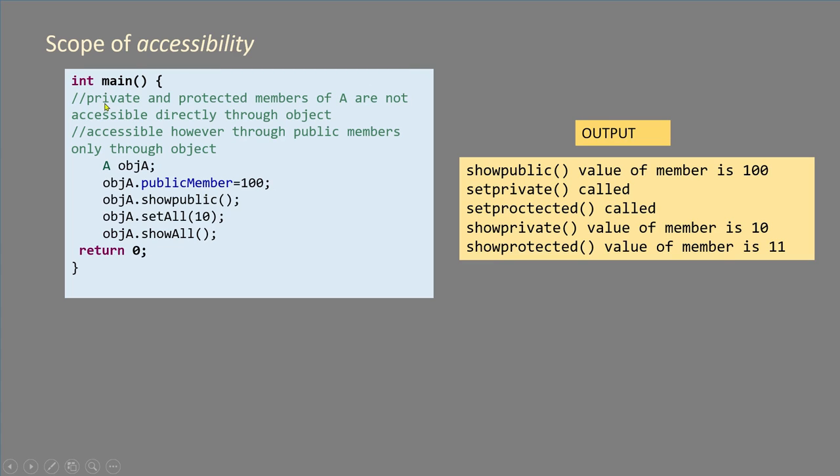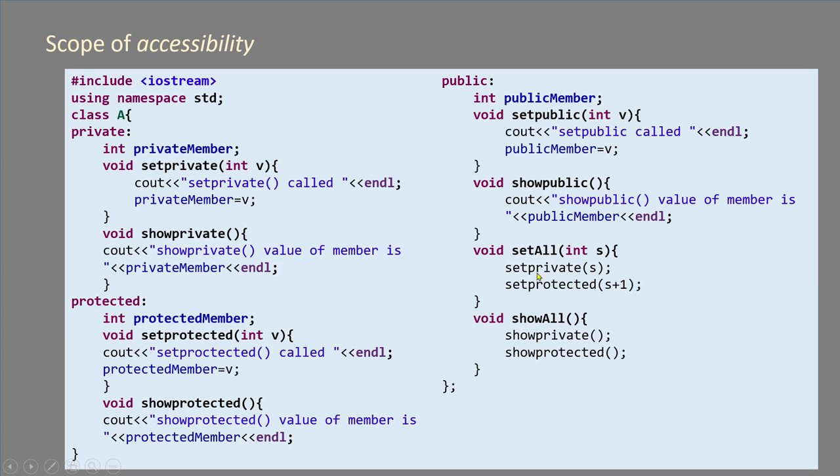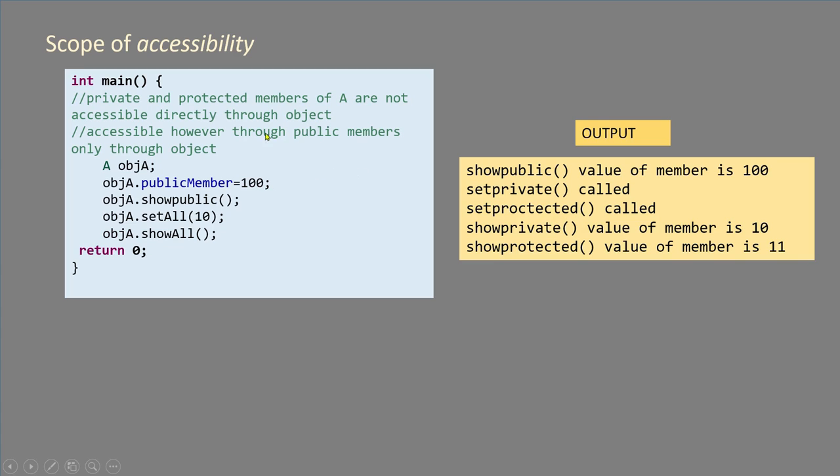The purpose of this test is that private and protected members of A are not accessible directly through an object outside the class. However, they are accessible through public members. These two functions, set all and show all, have been declared in the public scope of this class, and internally they call the private or protected functions that are not accessible outside.